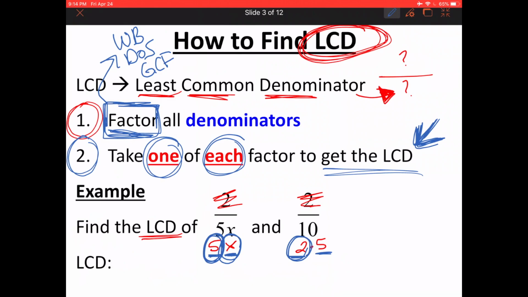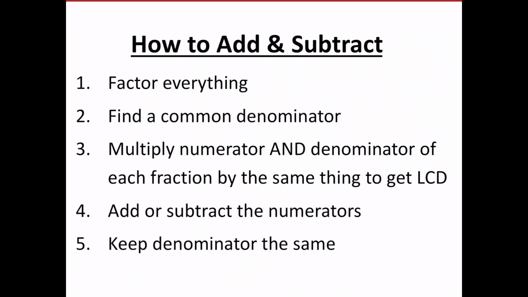All right? But if the factor shows up twice, you only include it once. So notice that my LCD is 5 times x times 2. So that means my final LCD would be 10x. Okay, guys? Does that make sense? Hopefully you're kind of following along here. We are going to do some more examples, so you'll get a little bit more practice with it.